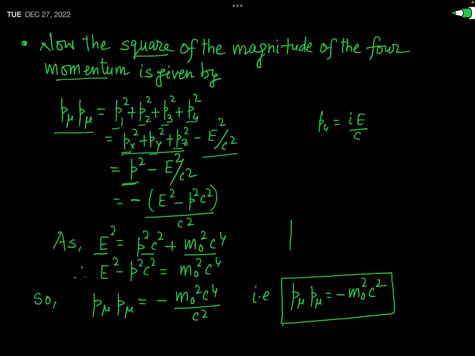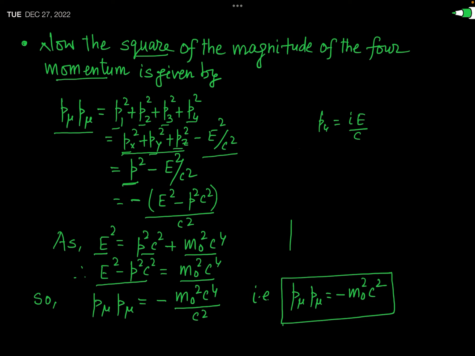This is a well-known formula of special relativity, and you can see my video on the proof of this formula in this playlist, which I have dealt with much earlier. So from here, E square minus P square c square will be equal to m naught square c to the power 4.